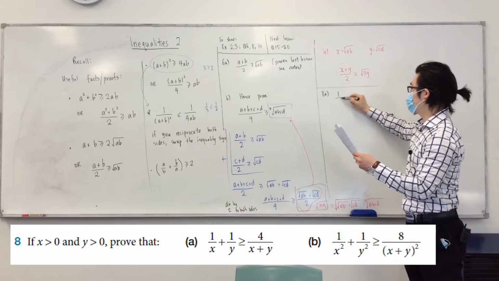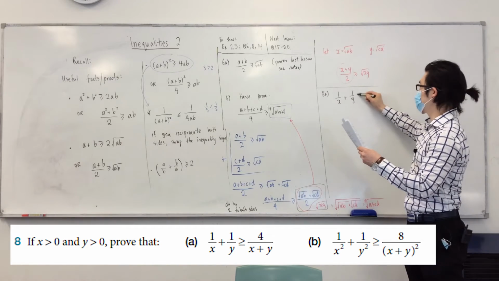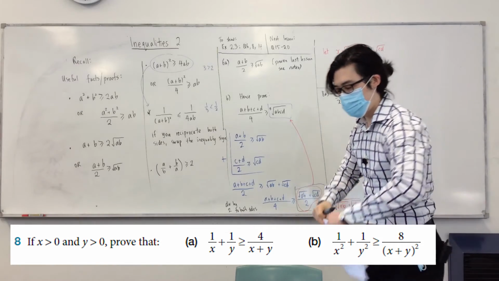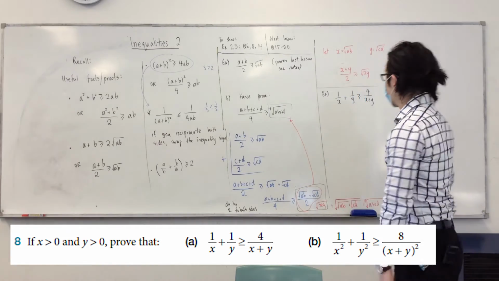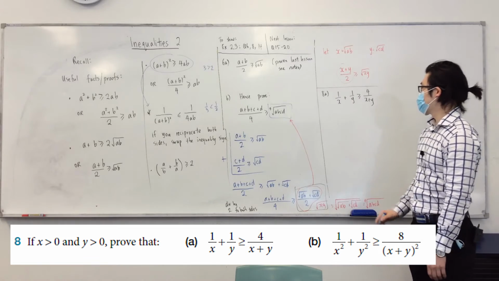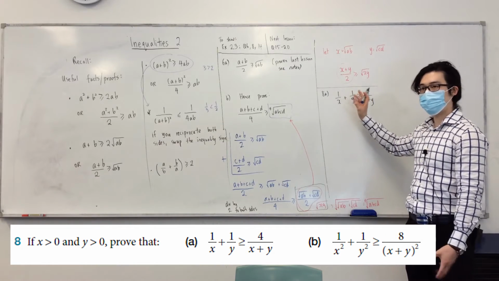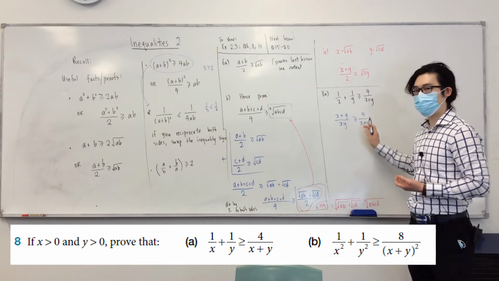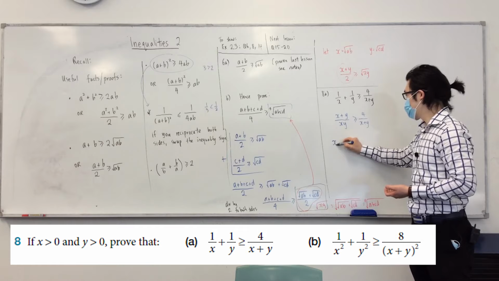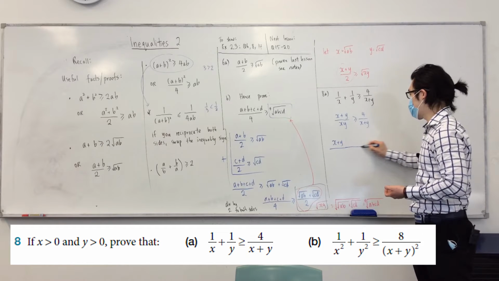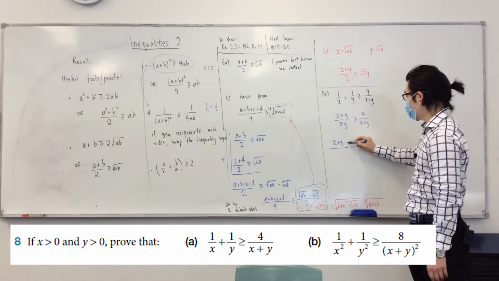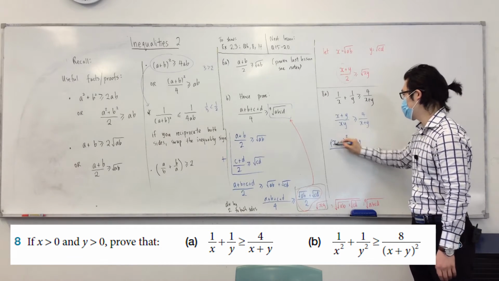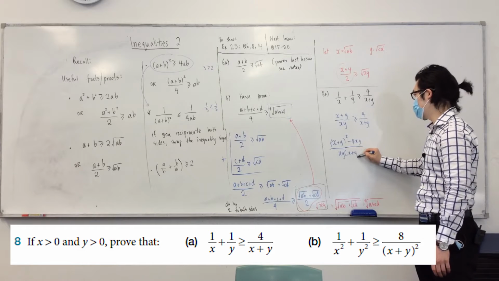It says to prove this. So usually, what would you do? Yeah, put them together, two fractions, put them together. Let's see what happens. Bring it to the other side. If I put it together, that would be take away 4xy, and this would then be squared.